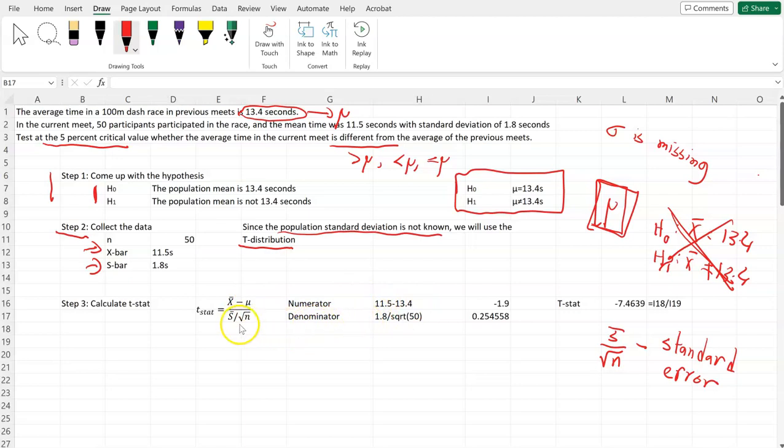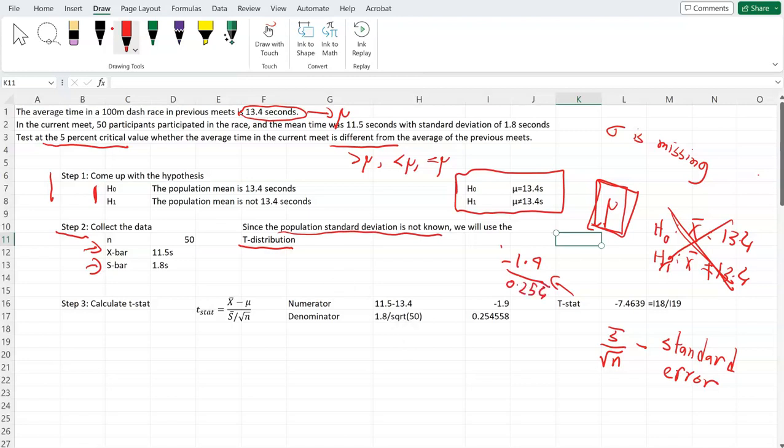The denominator is, since my sample standard deviation is 1.8 seconds, 1.8 divided by the square root of 50. So I get these two numbers. Then my t-stat is basically going to be negative 1.9 divided by 0.254.